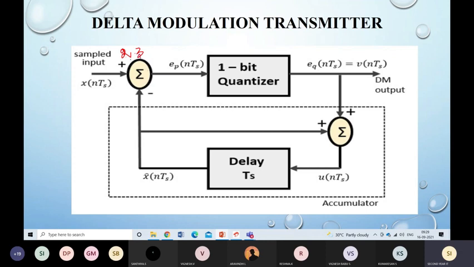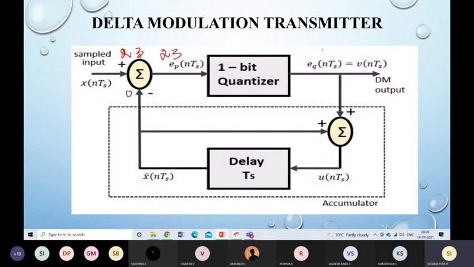Initially we assume the previous value is 0. Some comparator will find the difference between these two. So 2.3 minus 0, here you will get 2.3. It is a positive value. So you are going to round off to 1 bit.